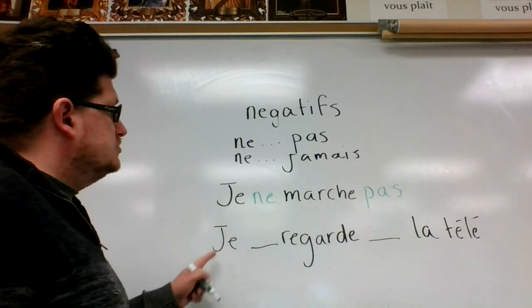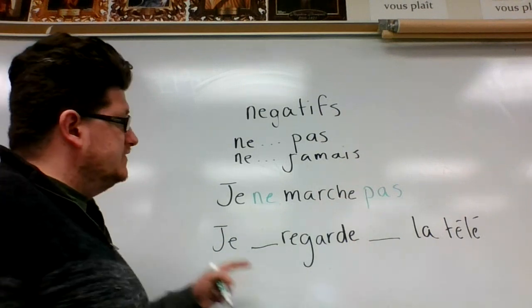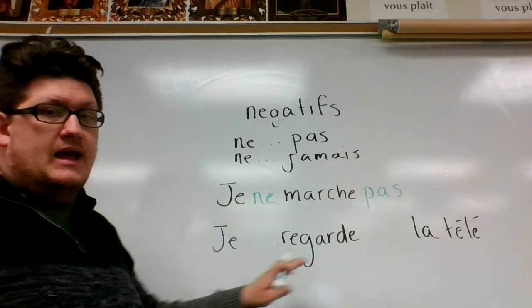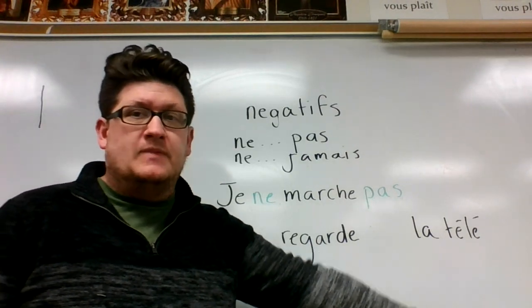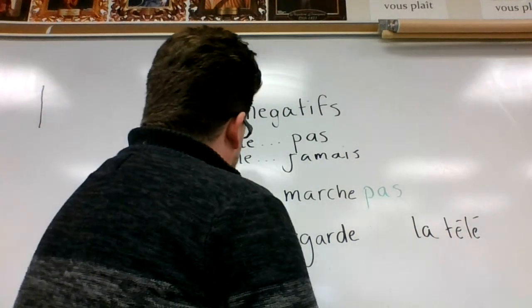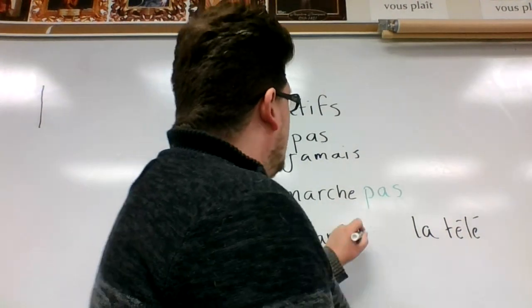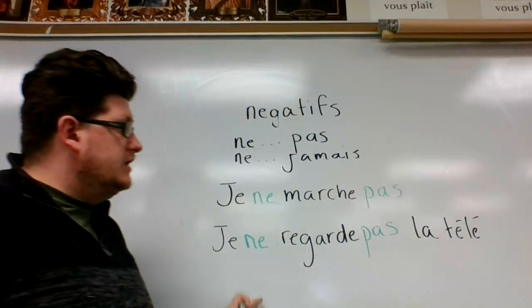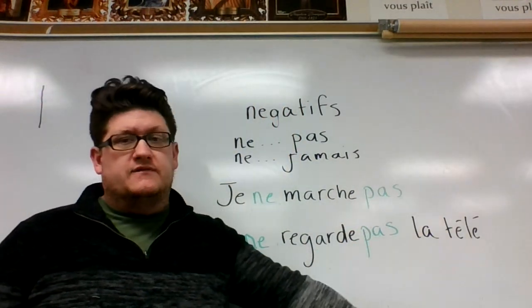Same thing here. Je ne regarde pas la télé. So if it's just je regarde, that would just be I am watching television, right? I want to say I do not watch television. So it would be je ne regarde pas la télé. I do not watch television, right?